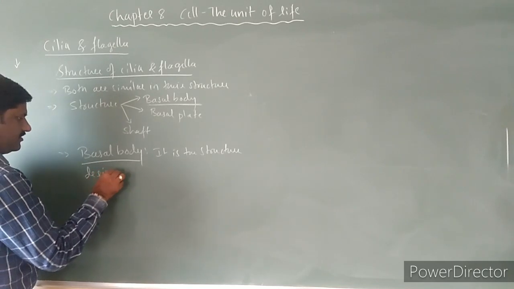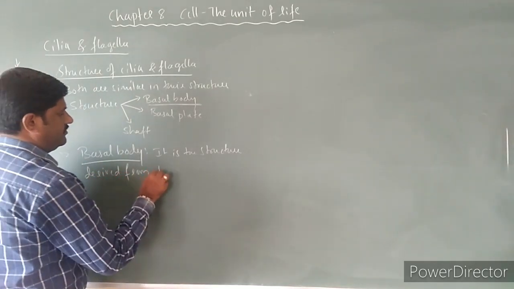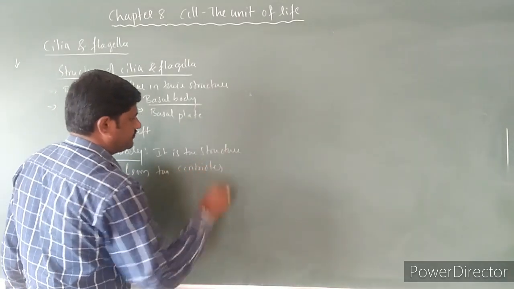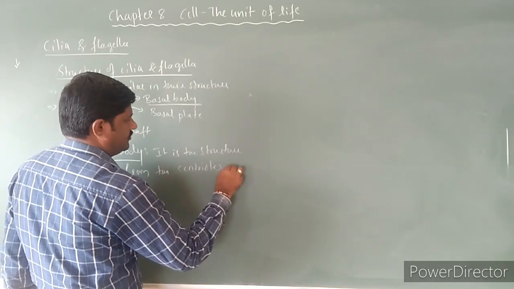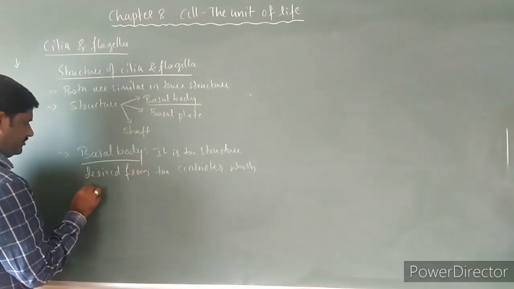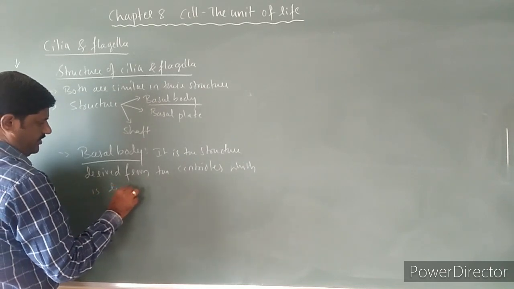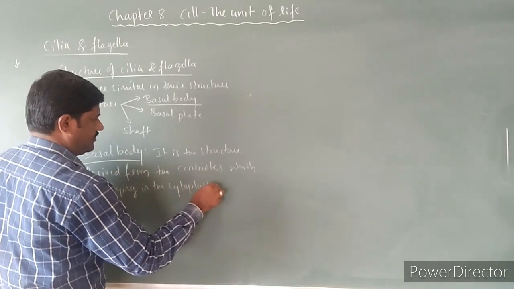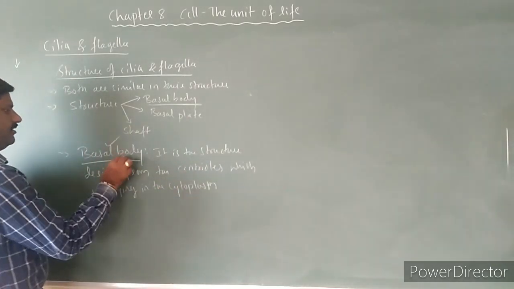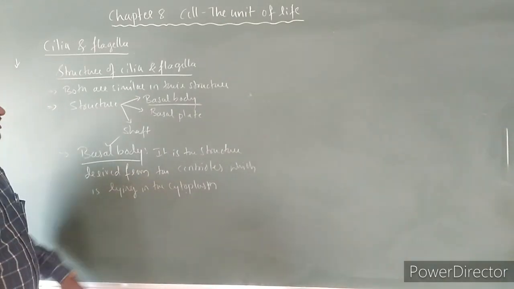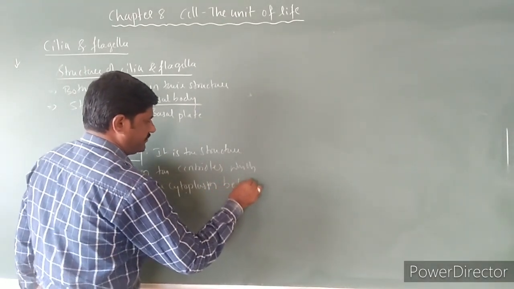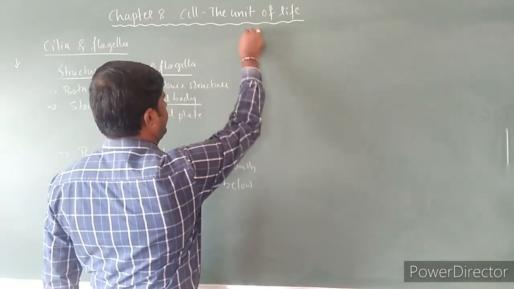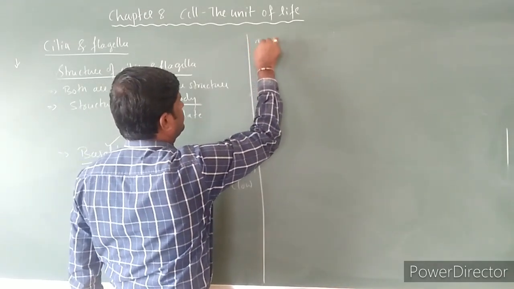The centrioles lie in the cytoplasm, so this basal body is lying in the cytoplasm below the plasma membrane.